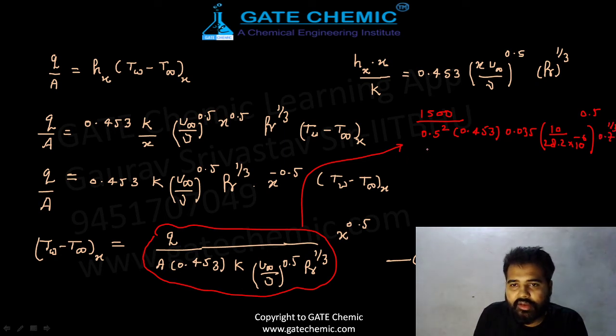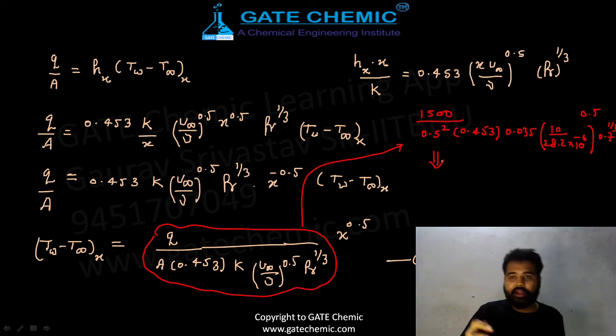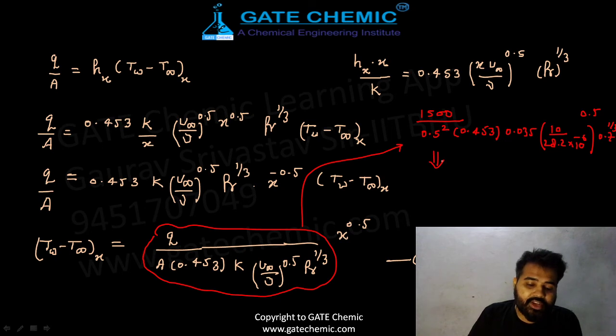Can you tell me beta, after calculation, what will you get? 10 divided by 28.2, 1 2 3 4 5 6, square root, into 0.7 to the power 1 by 3, into 0.035 into 0.453 into 0.5 square reciprocal into 1500. Is it 715.721? प्लीज कोई बच्चा कंफर्म कर दो.